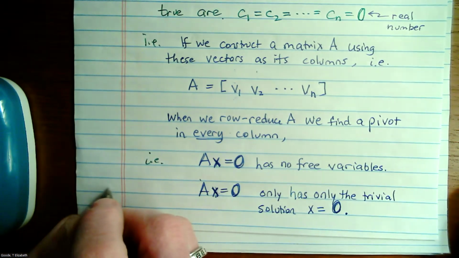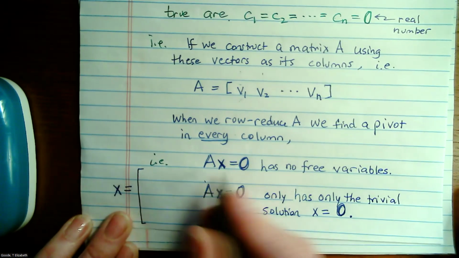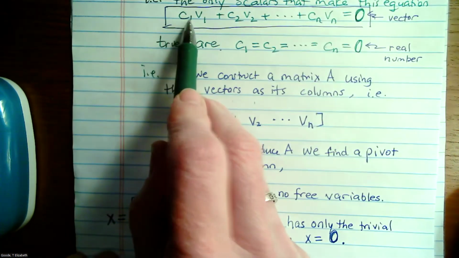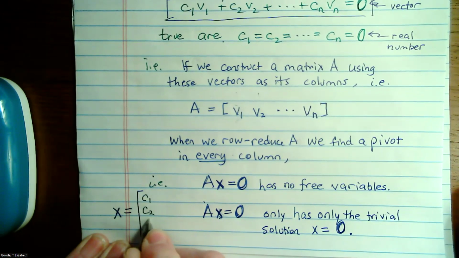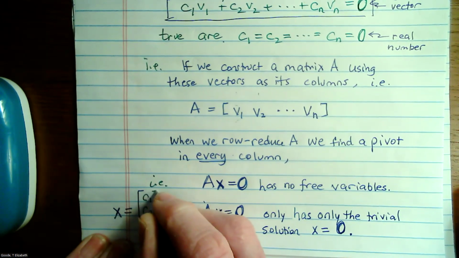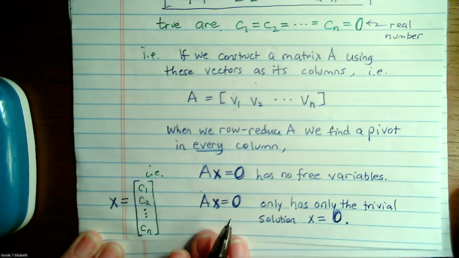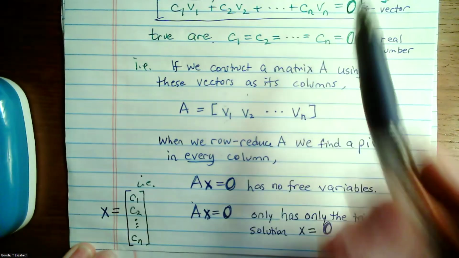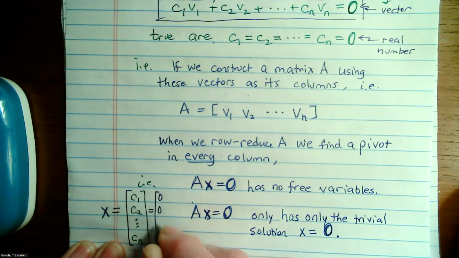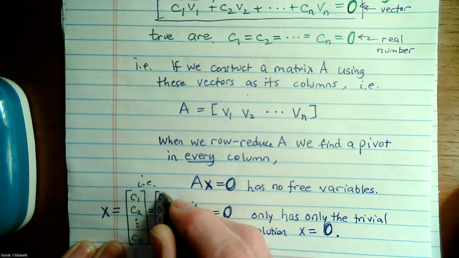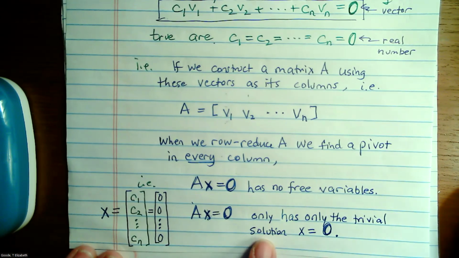In other words, x looks like the vector where these scalar multiples are the weights, so they go into x as its coordinates. And what we're saying is the only way we can find an x with these kinds of coordinates that make this sum equal to zero is if all those coordinates are actually zeros. And that's the same thing as saying x is the zero vector is the only solution to Ax equals zero. Does that make sense?